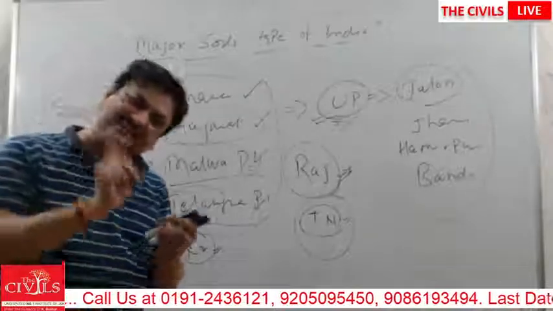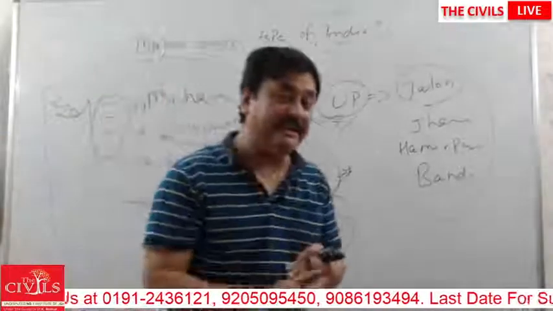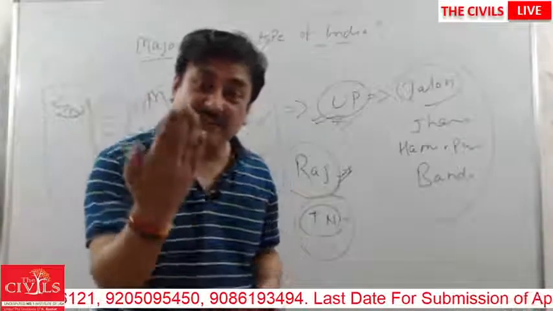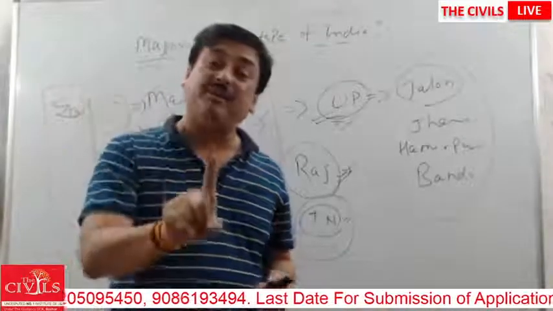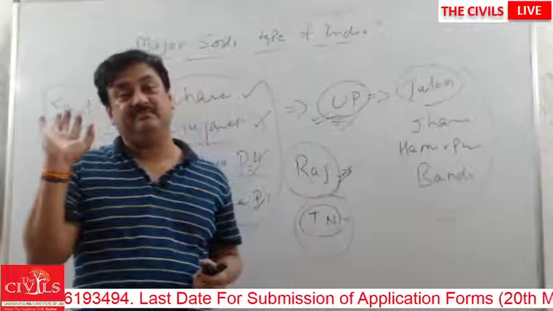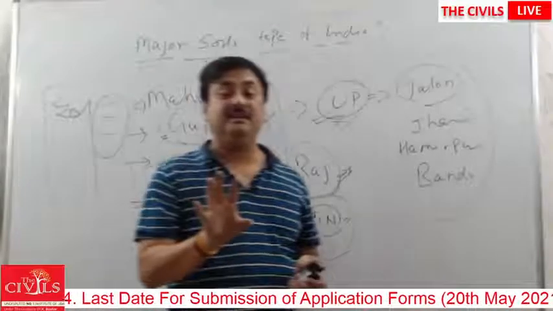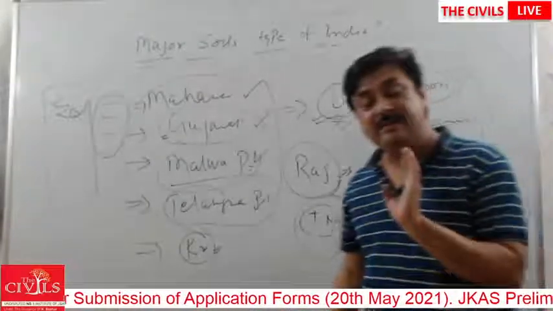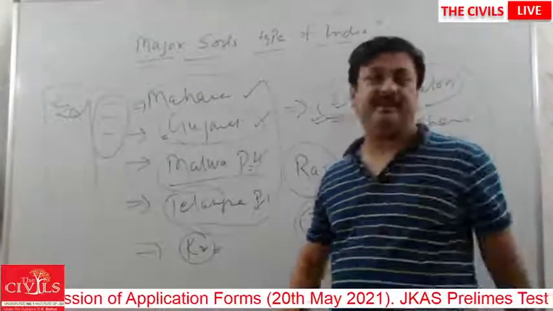Water holding capacity is high, but remember one thing, we will discuss it in the agriculture sector. This is the area of dryland farming where rainfall is less than 75 centimeter, and this area is also drought prone. This soil is found in drought prone areas.